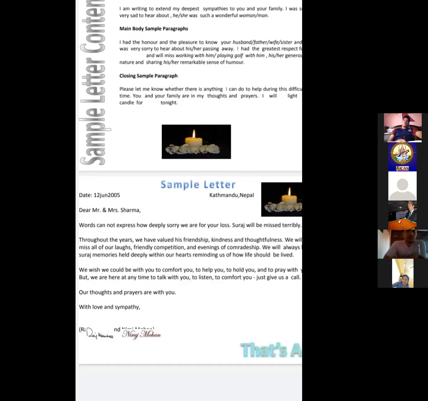Mr. Suresh died in a bike accident. In the second paragraph, what about Suresh? Suresh was a very close friend of mine.